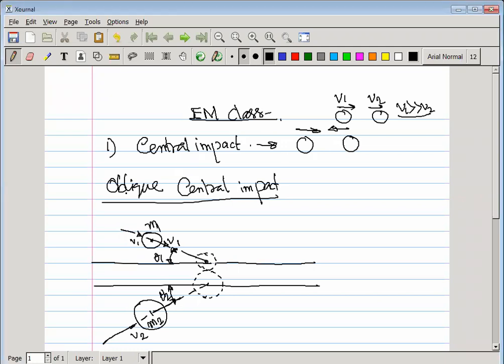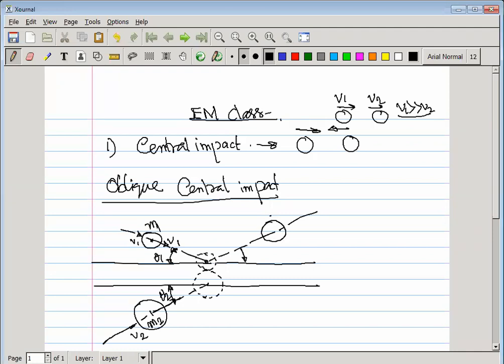Think that when these two bodies come from different lines of action and collide with each other at this position, after collision they take another line of motion and go in that path, for example.